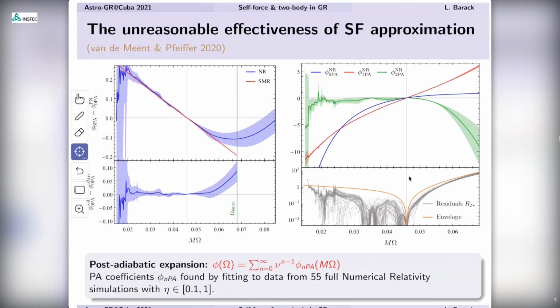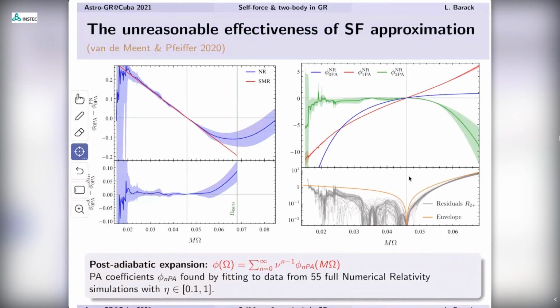It's also broad, but you won't see the broadness because it's very accurate. These are linear equations, so it's much easier to get very high accuracy. You see how beautifully they sit on top of each other. I forgot what the mass ratio was for this one, but it's a small mass ratio, and still the first order self-force does spectacularly well, almost all the way to the end of the inspiral.